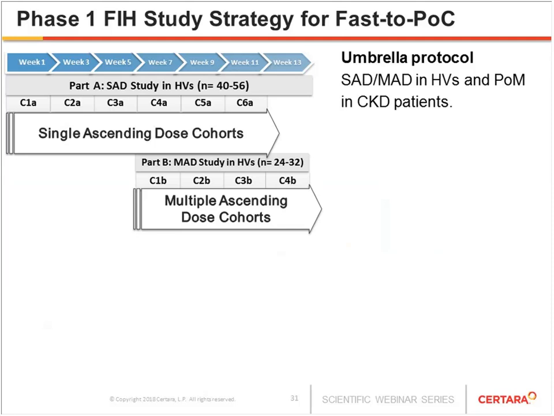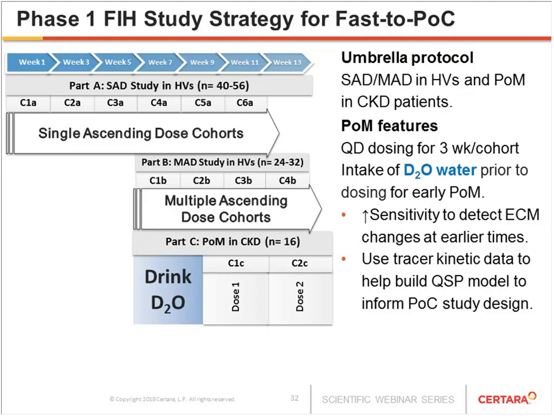And the way we wanted to implement it is specifically in the context of this first-in-human umbrella protocol, which also included a CKD or patient sub-study to obtain the proof of mechanism.